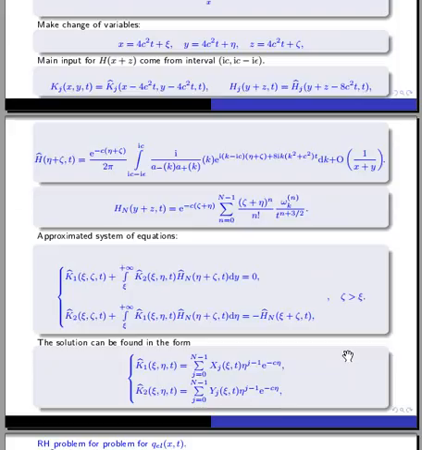Then they write the exponential here as a partial sum, prove that the input from the residual is negligible, and they got a system of degenerate Volterra equations, the solution of which they could find in the following form.